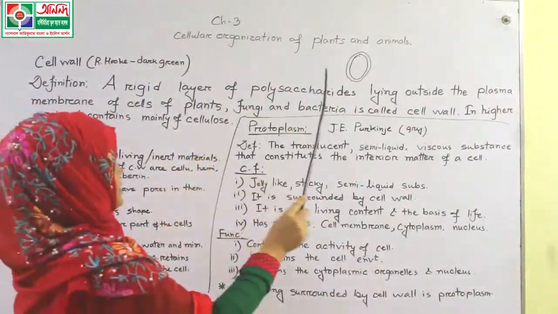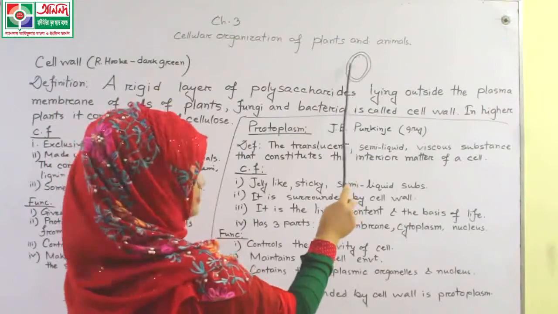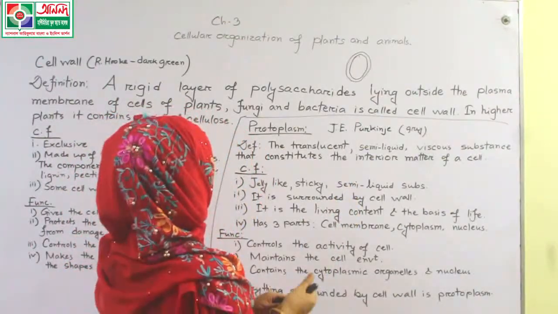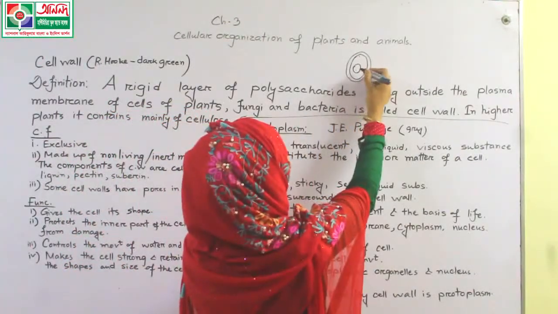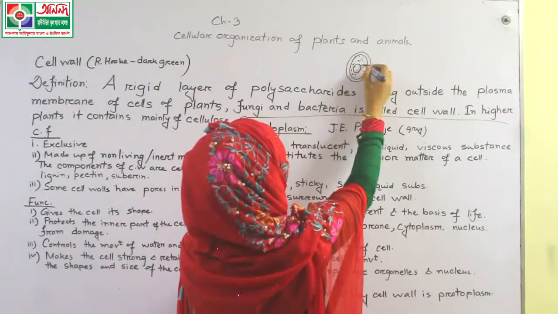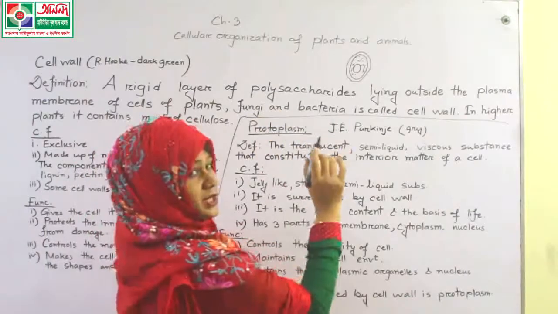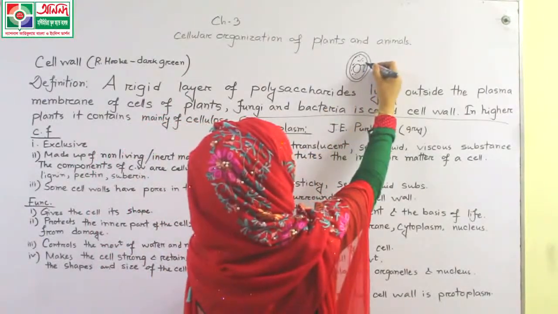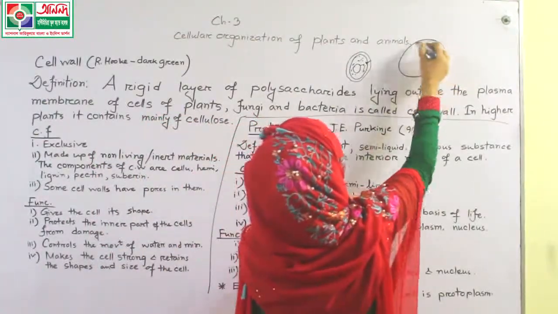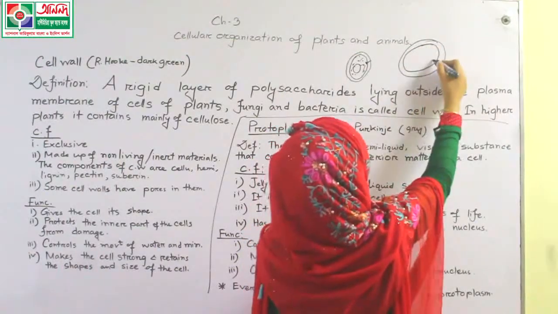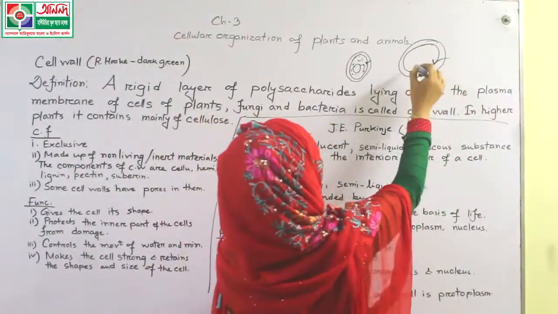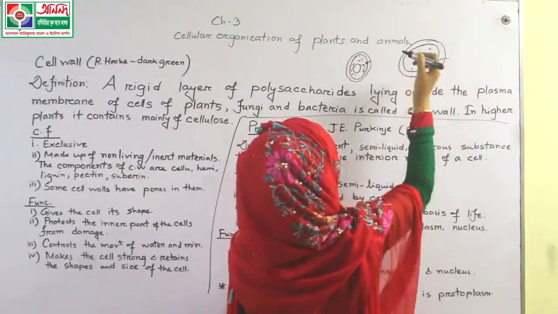What is the cell membrane? This one is the cell membrane and cytoplasm. Inside is the nucleus, this one is the nucleus, and these are all the things that are present in the cytoplasm. This is the cell wall, cell membrane, after that cytoplasm and nucleus.